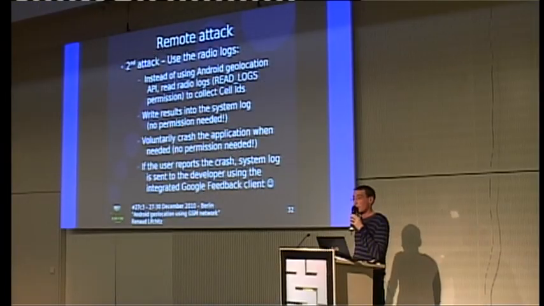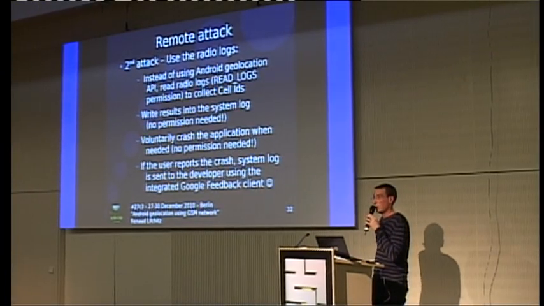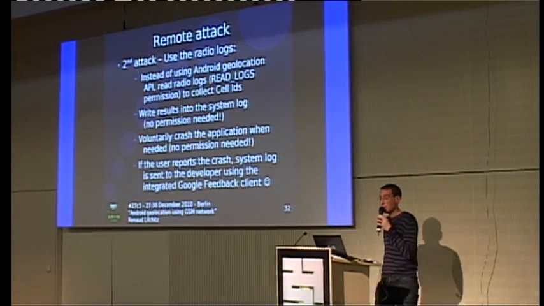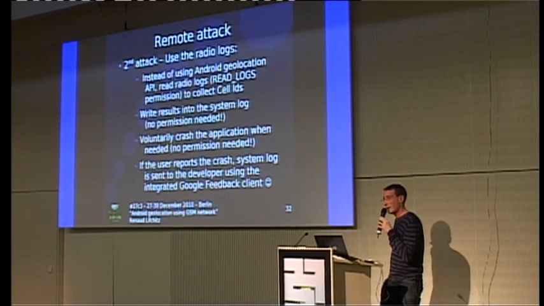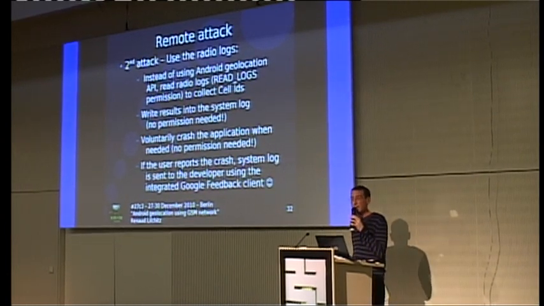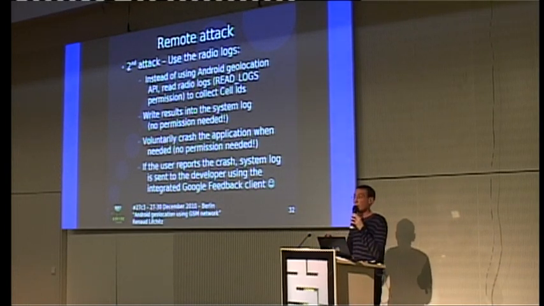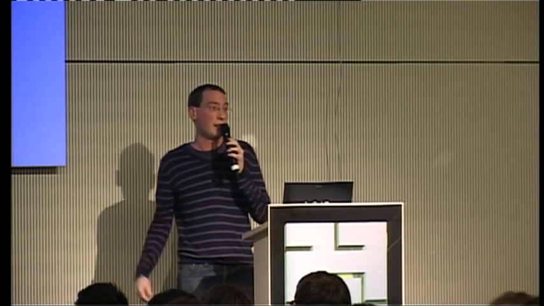So you are able to read and parse the radio log and collect the different LAC and CIDs from the logs. The second part of the attack is to write those results in the system log, which is another log. You don't need any permission to write to system logs because this is used for debugging, so you can write anything in the system logs.